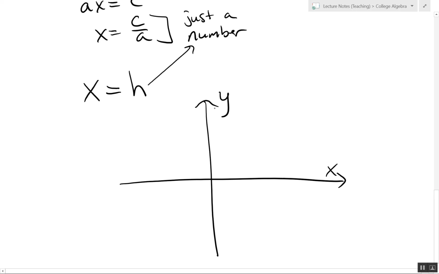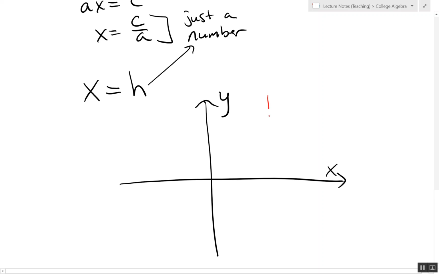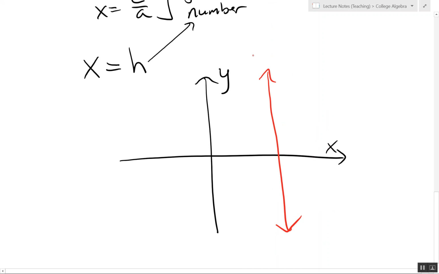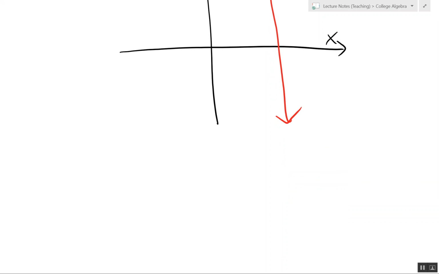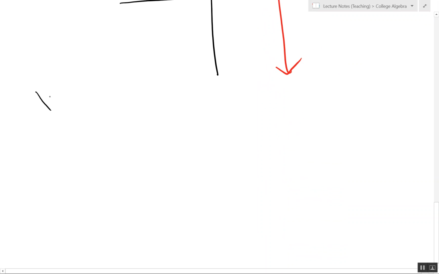So here's x, here's y, and let's draw in red our nice vertical line. There we go. So let's look at a concrete example and draw it carefully just to make sure we got this. Let's look at x equals -3.